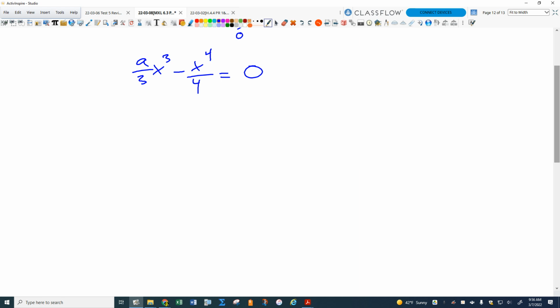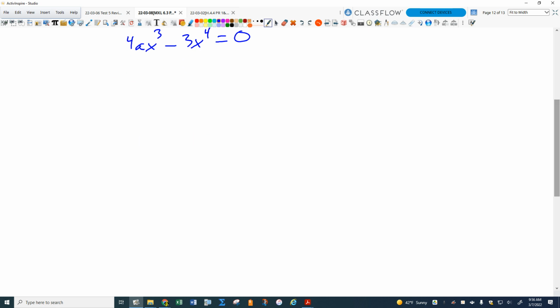Yeah, get clear fractions. Multiply both sides through by what then? 12. Yeah, good. So if we distribute a 12 through, we're just going to get 4ax cubed minus 3x to the 4th equals 0. So now I could factor out my x cubed.